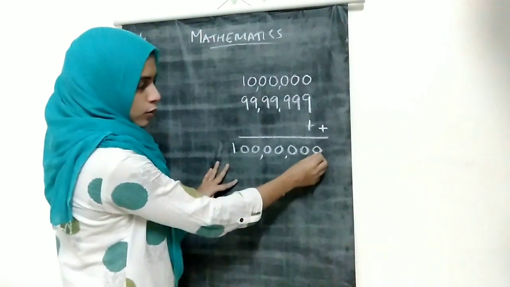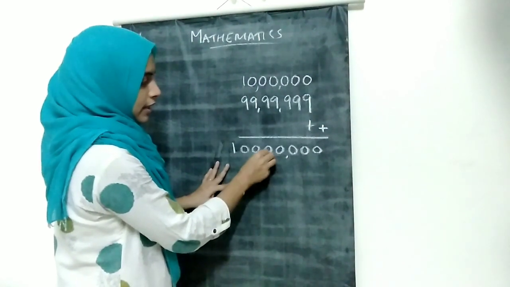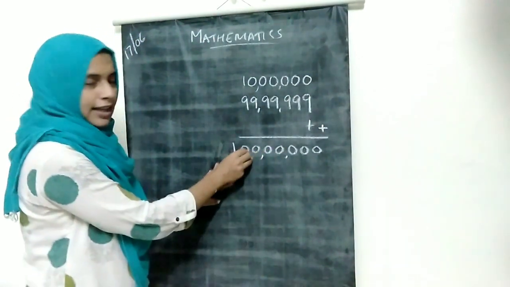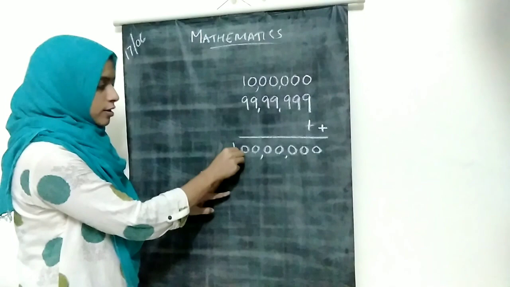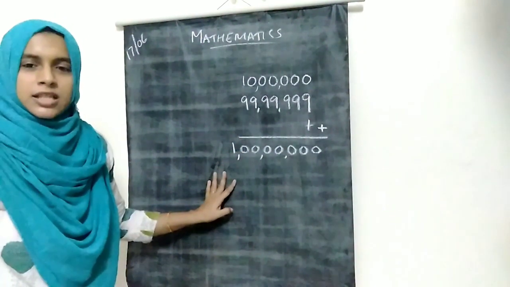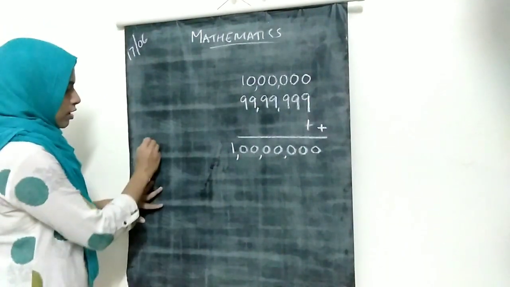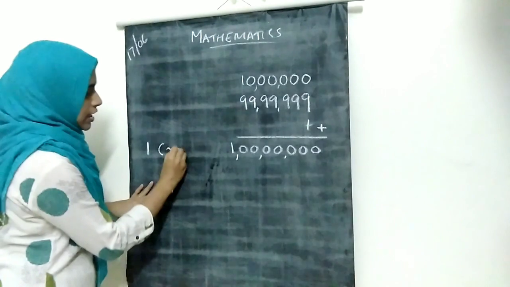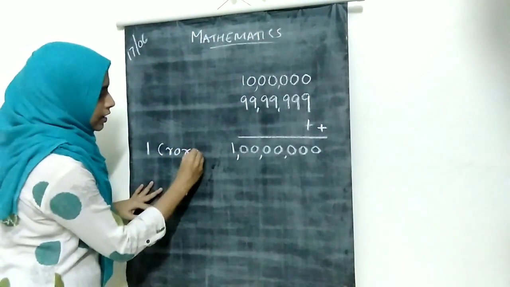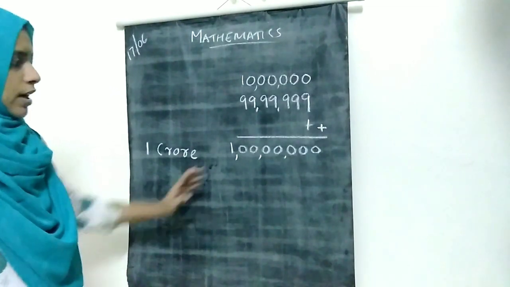We can count ones, tens, 100, 1000, 10,000, lakh, 10 lakh, crore. So, the smallest 8-digit number is 1 crore. Okay, what is the spelling? 1 crore. C-R-O-R-E.